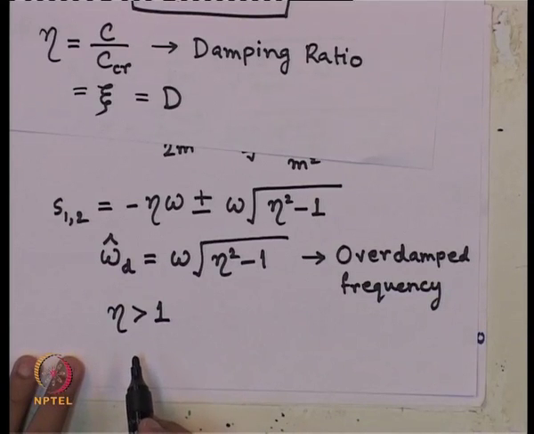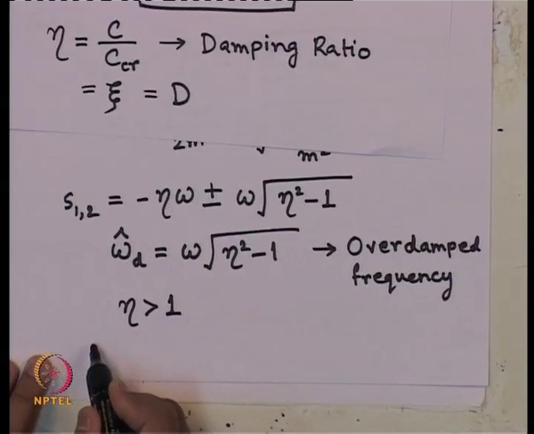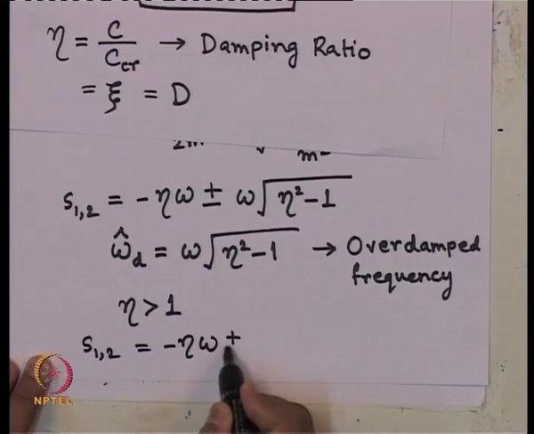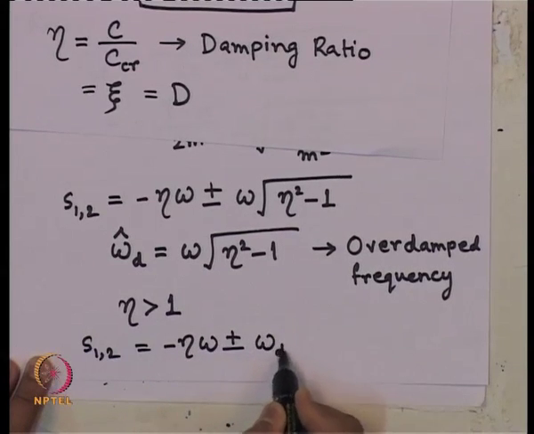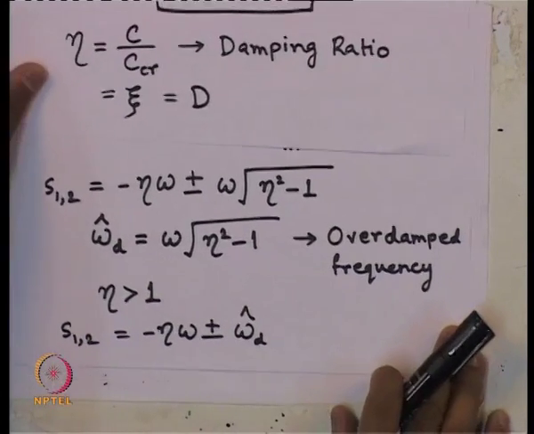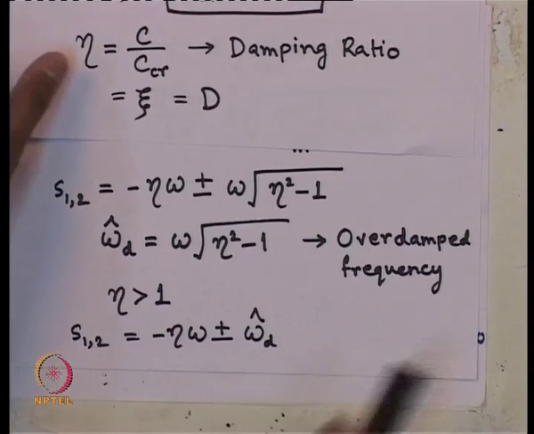With eta greater than 1 and omega d cap written like this, we have 2 roots now, minus eta omega plus minus omega d cap. These roots are real valued and they are distinct.